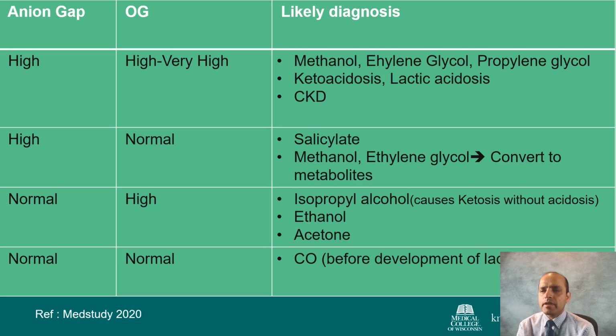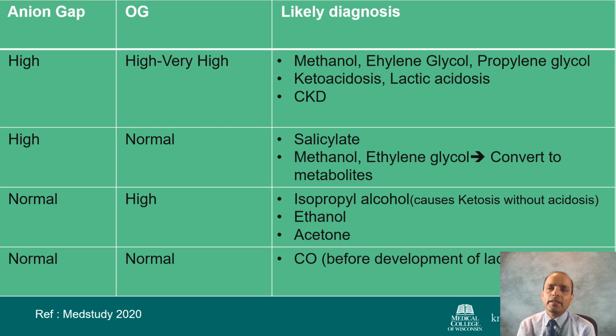Whenever somebody has a very high anion gap, you're supposed to calculate the osmolar gap, and if the osmolar gap is more than 10 to 15, you think about alcohol. What alcohol are you talking about? Methanol, ethylene glycol, or propylene glycol. Methanol you get with windshield fluid, or you see it with the poisoning that people get when they are drinking alcohol. You might have heard about poisoning with alcohol; this is because of methanol.